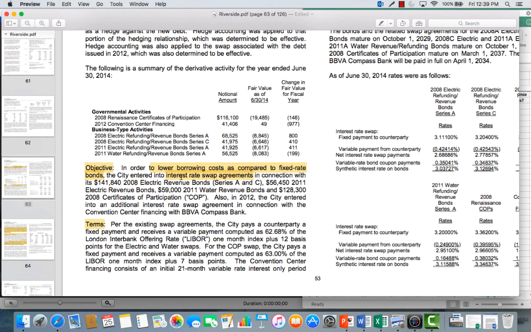So they entered into interest rate swap agreements. And you can see they go on to talk specifically about the bond issuances that in this case actually were refunded, and they entered into these derivative instruments to hedge risk on the refunded bonds.